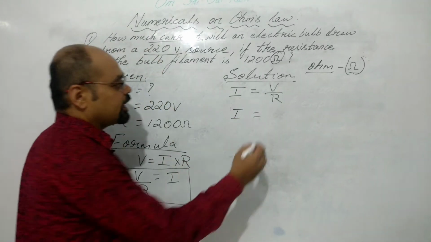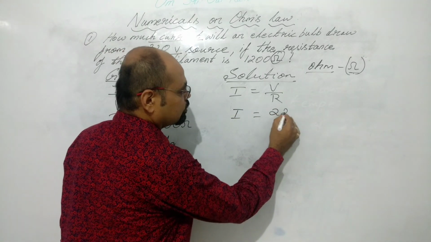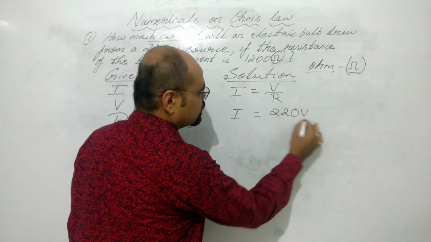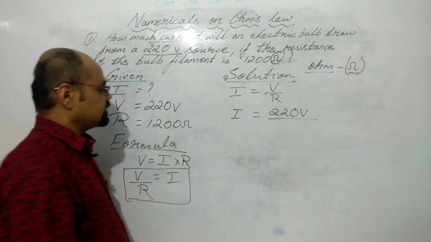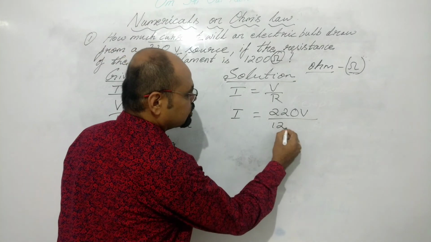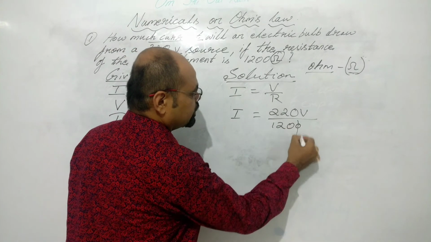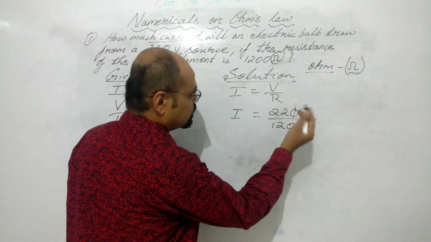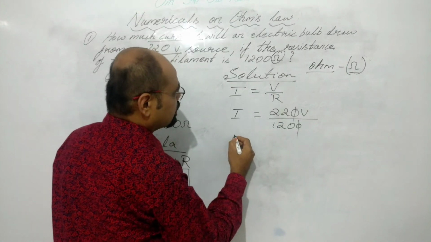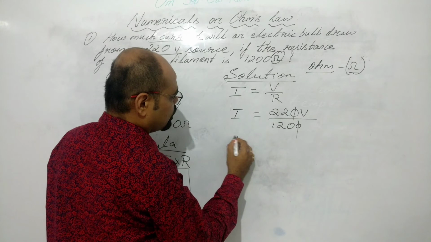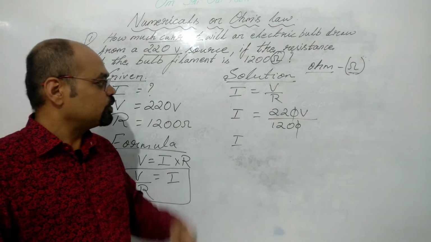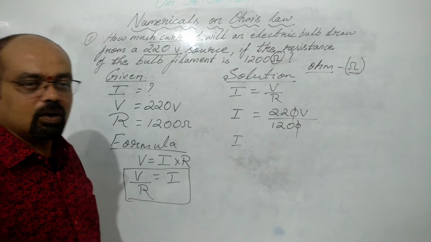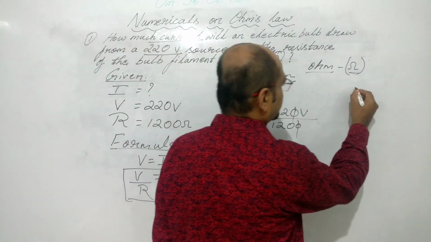It's given, 220 volts, divided by resistance R, that is 1200. The zeros get cancelled. 22 by 120. So we have to calculate what is 22 by 120. Let's move on here for the calculation.